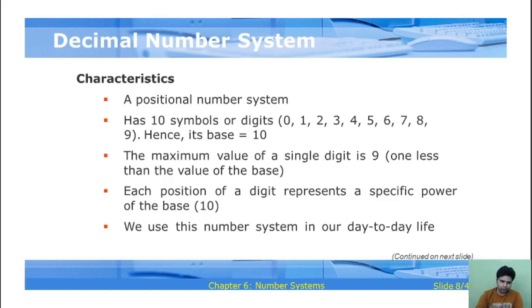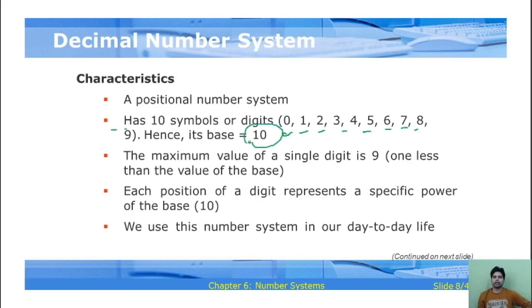If we talk about the decimal number system, the characteristics are as follows. It is a positional number system with 10 symbols or digits, from 0 to 9, that is 0 1 2 3 4 5 6 7 8 and 9. Hence its base is 10.